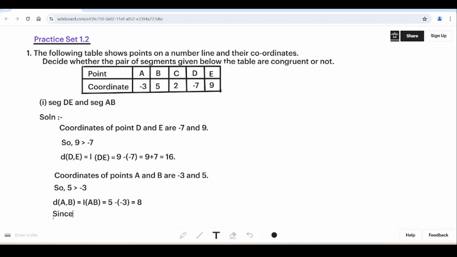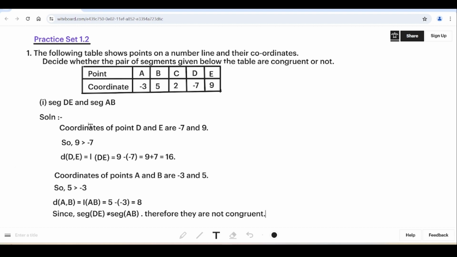Since segment DE is not equal to segment AB, therefore they are not congruent.